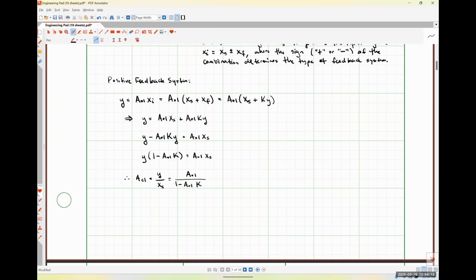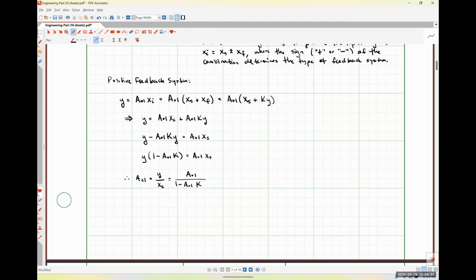We are going to make an assumption here. We are going to assume that our feedback factor K is always going to be positive. So if we're trying to implement a positive feedback system, then we need K to be a positive quantity. Otherwise, we accidentally have negative feedback, okay?